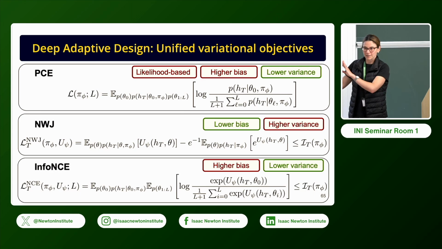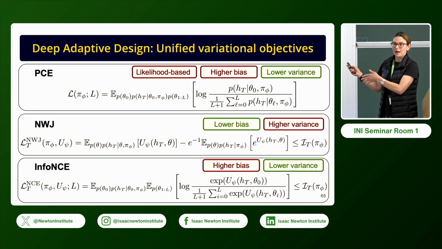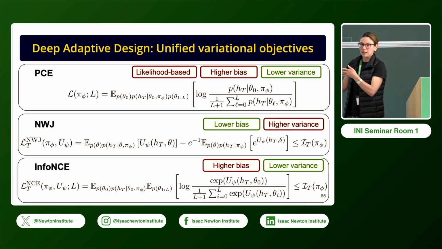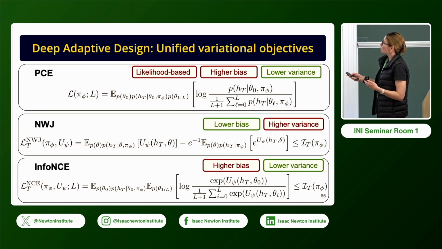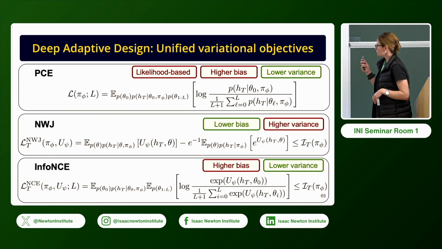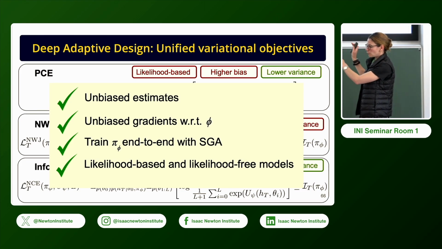In the next slide, it's not very important, it's just here for completeness. These are all the bounds that we're using in this deep adaptive design framework. The first one only applies to likelihood-based models, and the other two also apply to likelihood-free models. As I said, the form isn't super important.